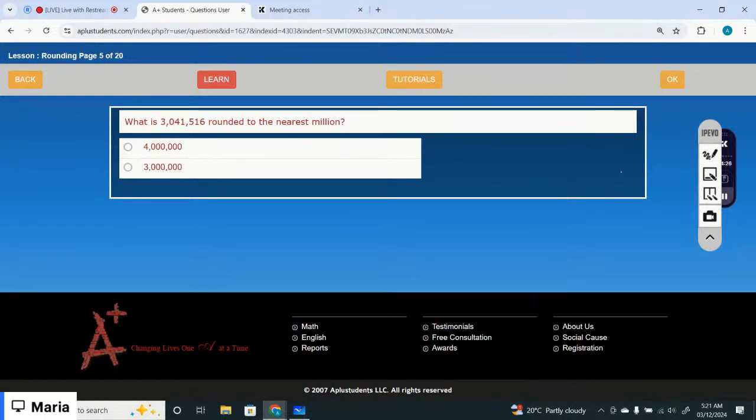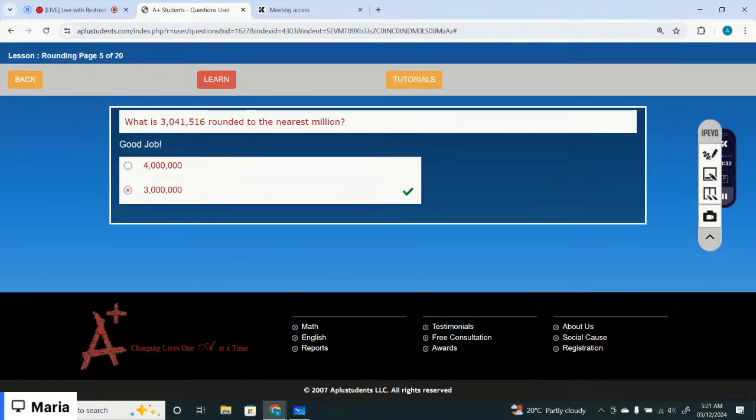That is option number 2 is the correct option. Very good. You need to round on the nearest million. That would be option number 2.